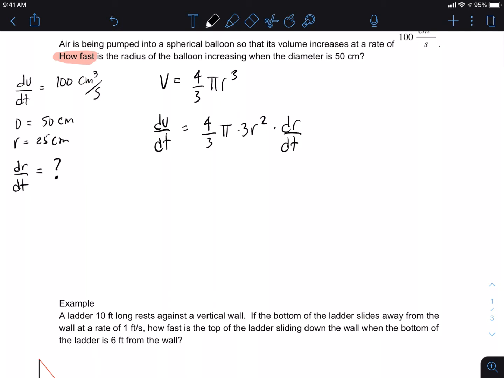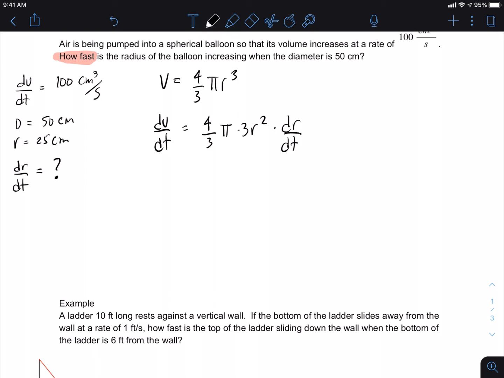Are we okay? This is absolutely critical. If you can't get this step right here and understand how to differentiate this implicitly, we're pretty stuck in the mud here. All right? So the step from the formula to the derivative is very, very, very important.